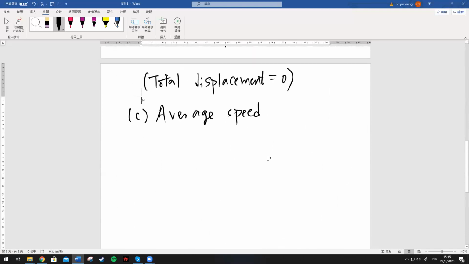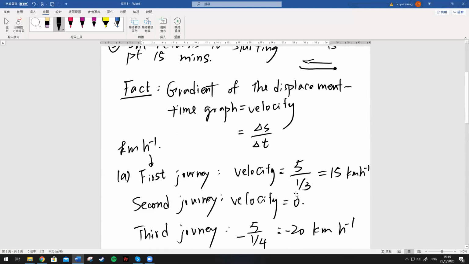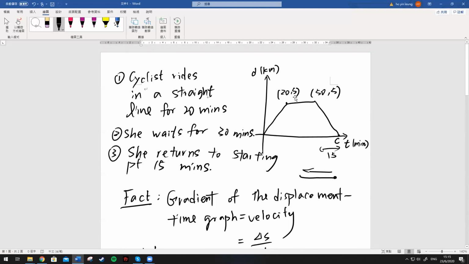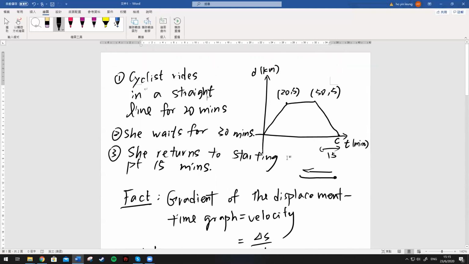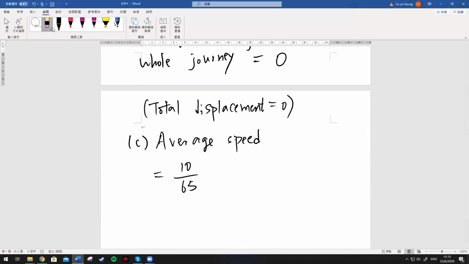Sorry, can you repeat? Is it 10 over 65? 10, where's the 10 coming from? Oh, so 2 times 5, yeah. 2 times 5 and then divided by, if I want the unit to be km per hour, I divide this by 60.